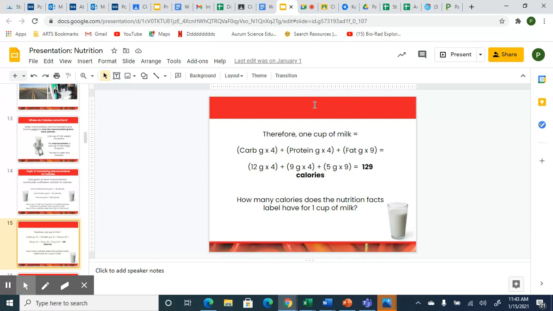Oh, I didn't add right. But we did it right. So here, 12 times 4, 9 times 4, and you add it all up, and it's 129. Is how many calories are in 1 cup of milk?